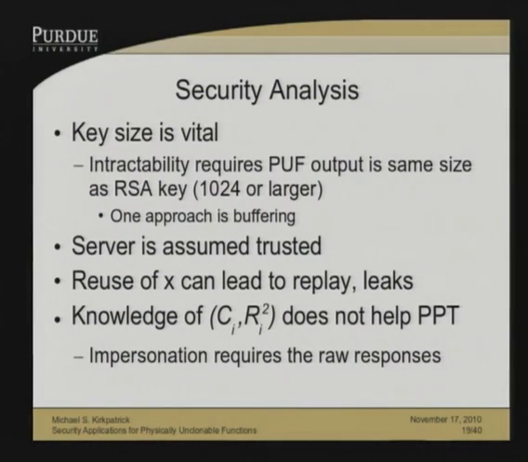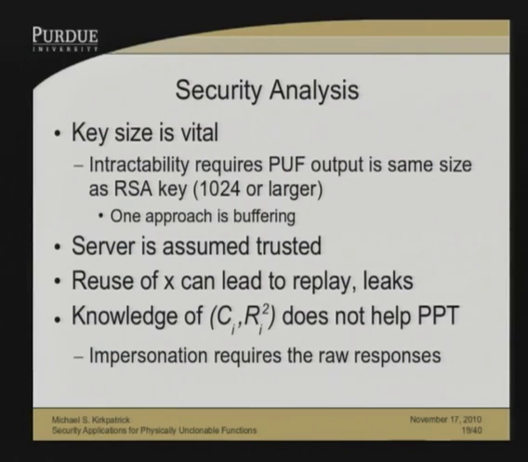So if we really want to compare our scheme with RSA, then we have to have 1024-bit PUF outputs to be equivalent to 1024-bit RSA. This becomes prohibitive on the geometry of the chip itself. You don't necessarily have that much space to have a PUF that's that large.